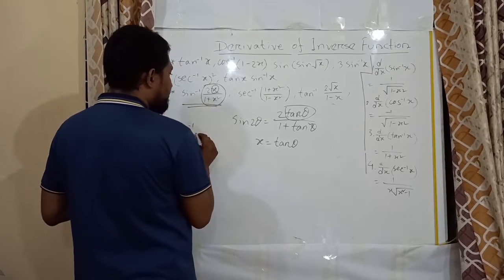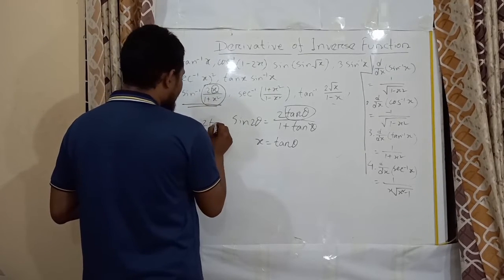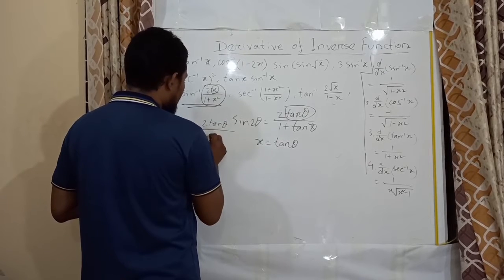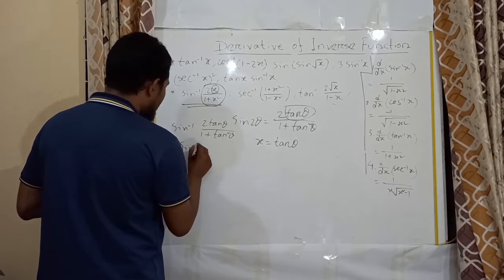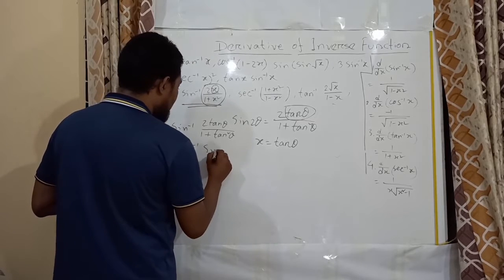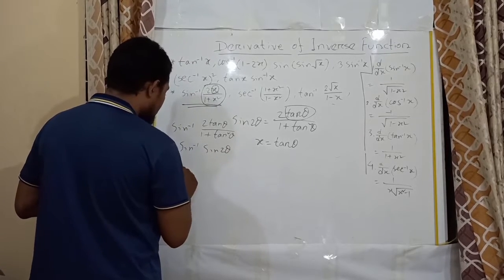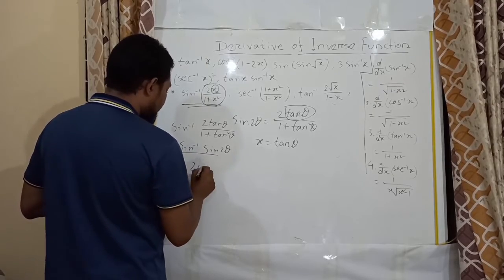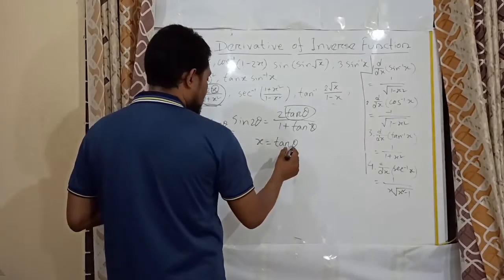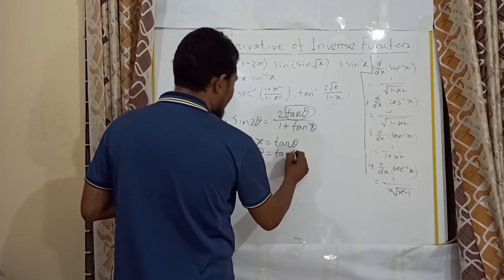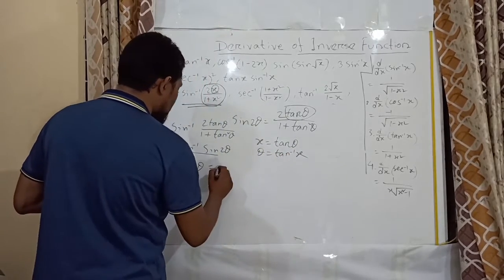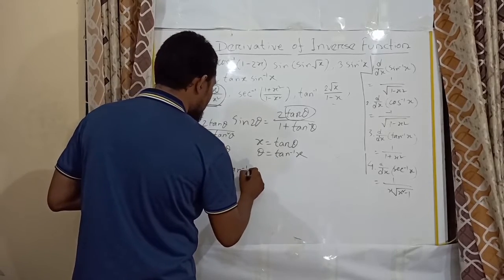So 2 tan theta divided by 1 plus tan square theta will be sin inverse sin twice theta. So sin will be cancelled, so 2 theta. As we have taken x equal to tan theta, theta equals tan inverse x. So it will be 2 tan inverse x.